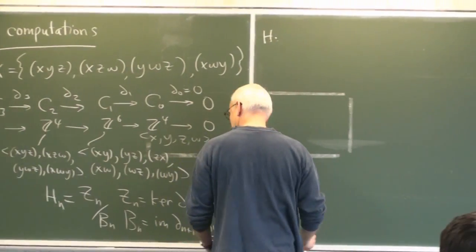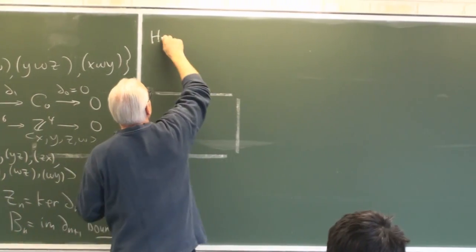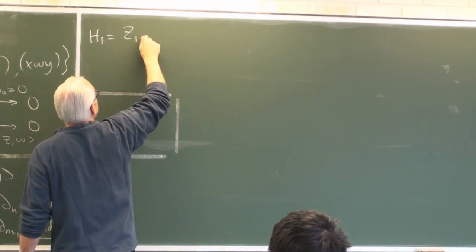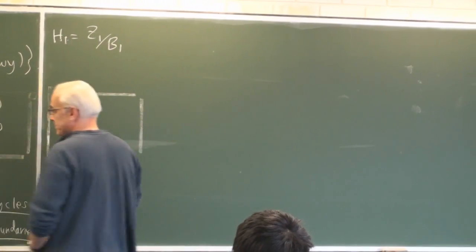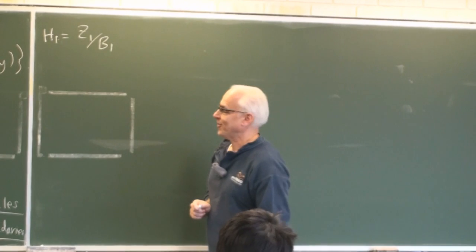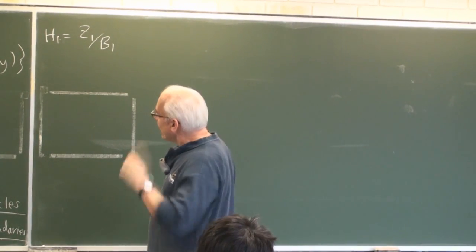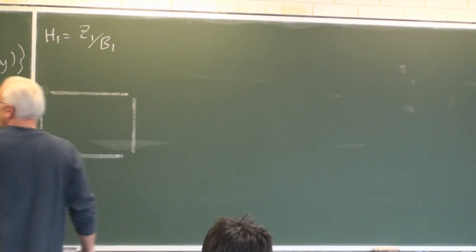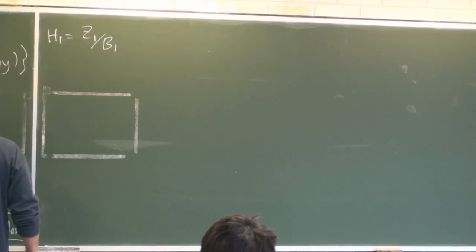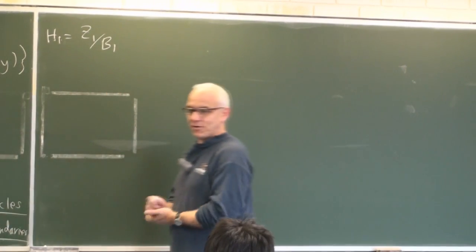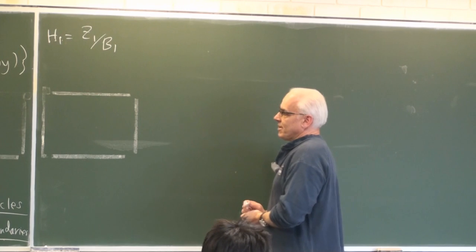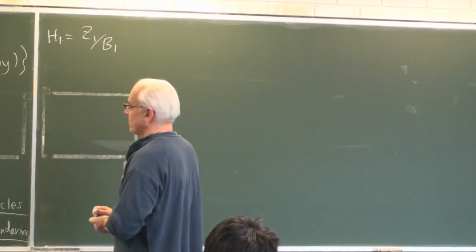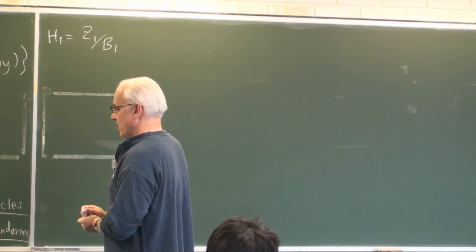So H1 is 1 cycles over 1 boundaries. We have to compute the kernel of this map, and then compute the image of the other map, and then take the quotient of those two things. All right, so let's see what happens here.